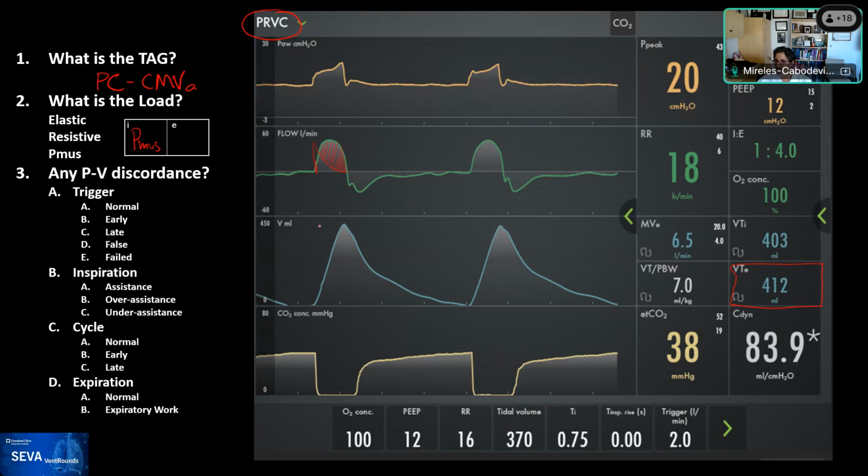And during expiration, what do you guys think? So I see PMUS. Anybody has a discordant thought there?